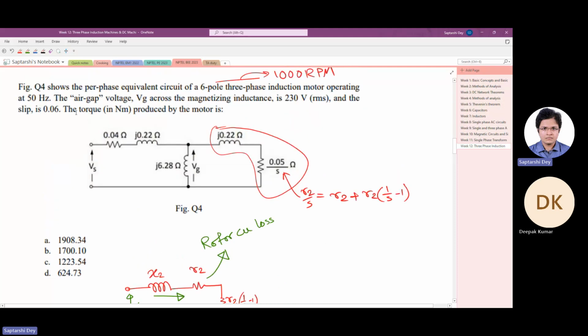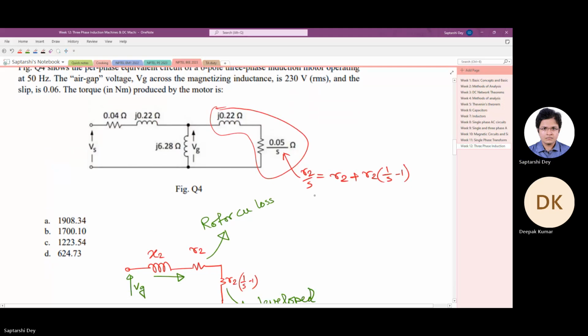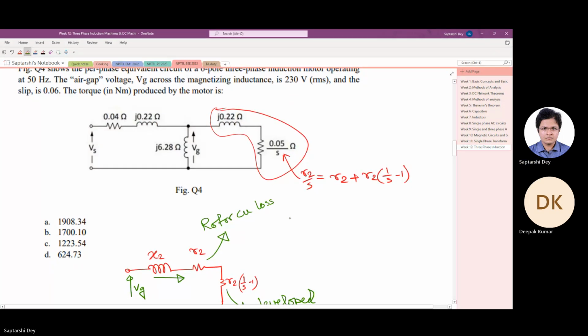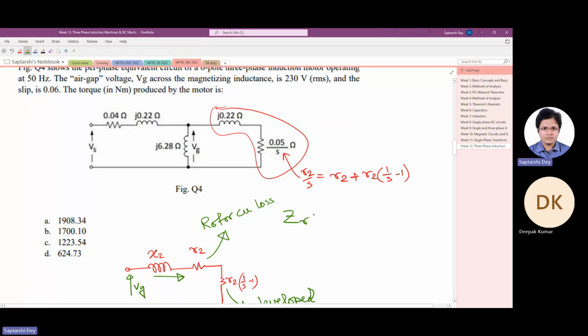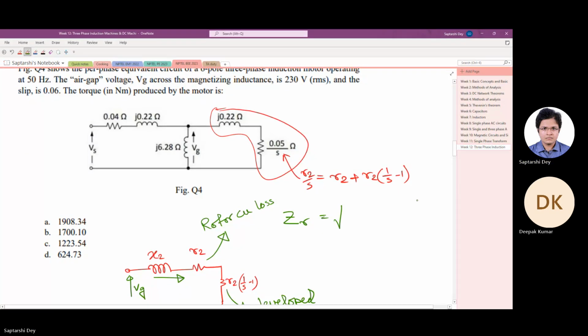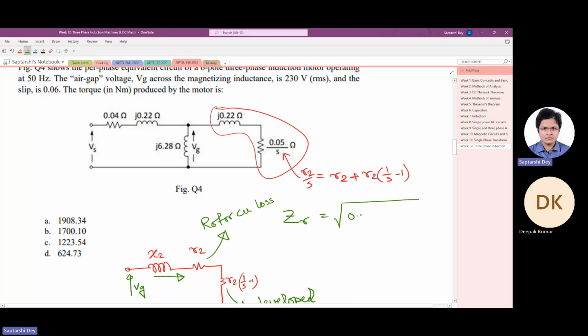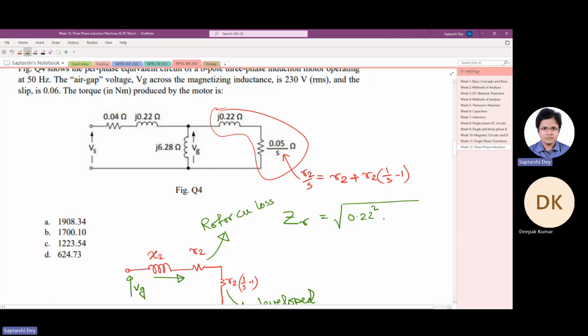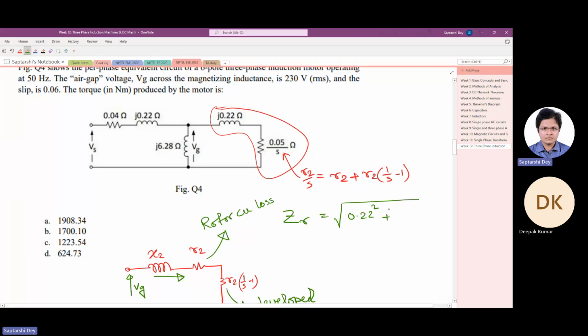So 230 volt RMS. So what is Z rotor? Slip is 0.06. So 0.05 by 0.06, and 0.22 squared.